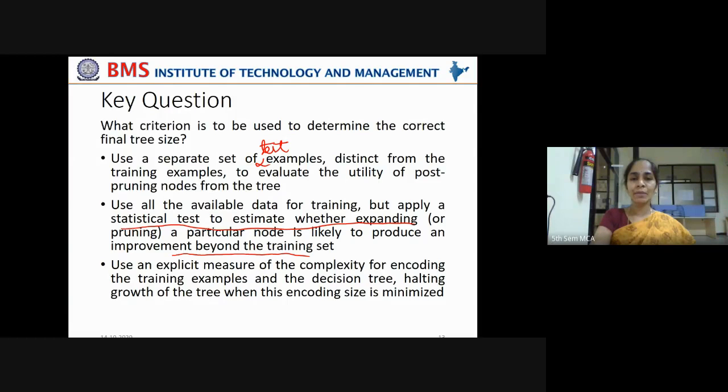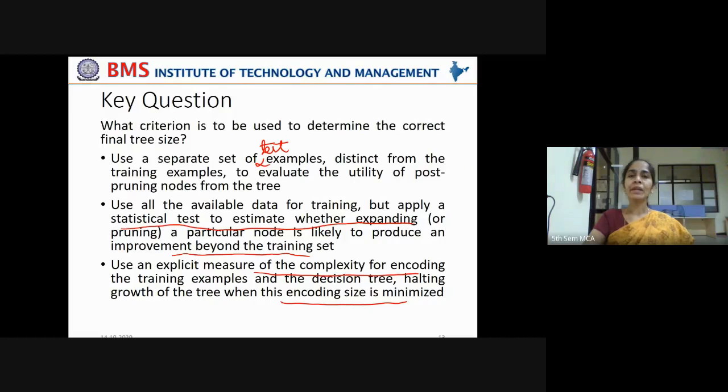Now use an explicit measure of the complexity for encoding the training examples and the decision tree, halting growth of the tree when this encoding size is minimized. Also you can take some other encoding measures. When that encoding size is minimized, in that case you can stop the growth of the decision tree.